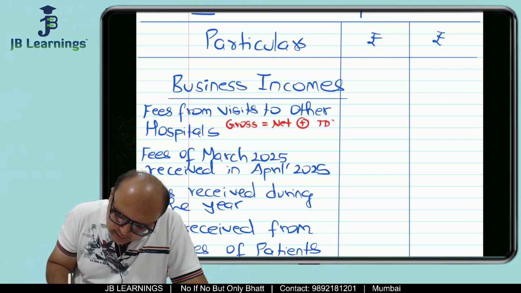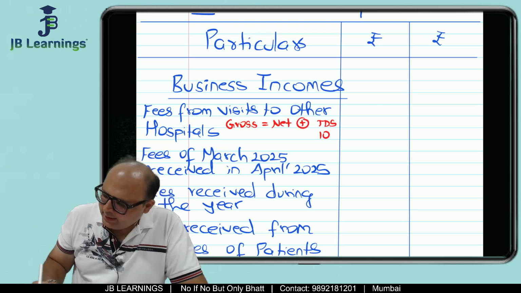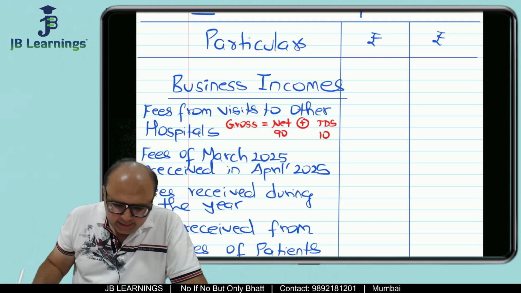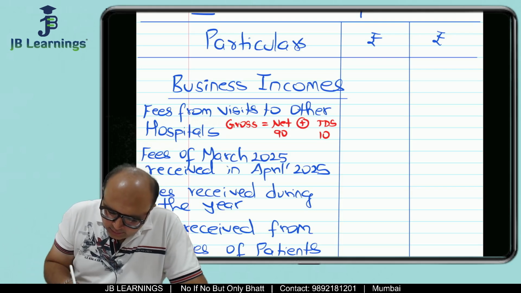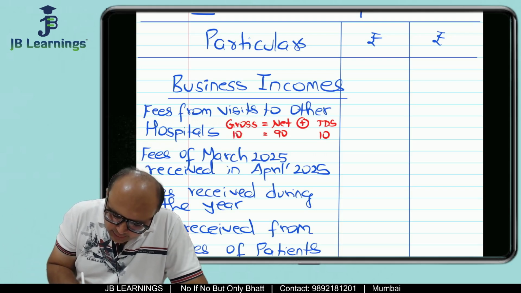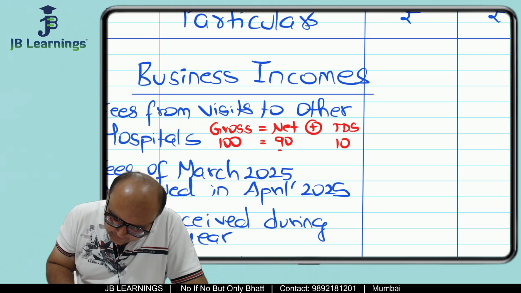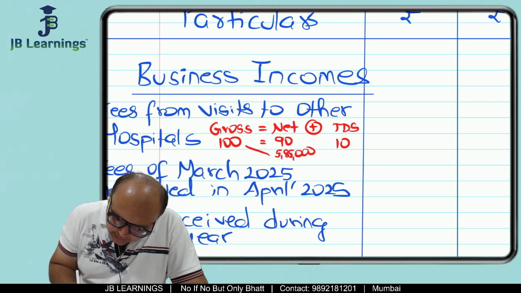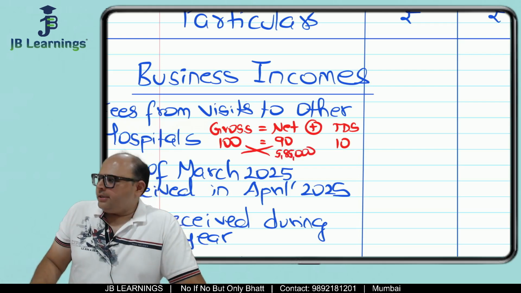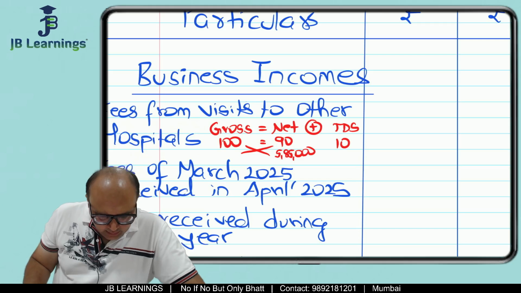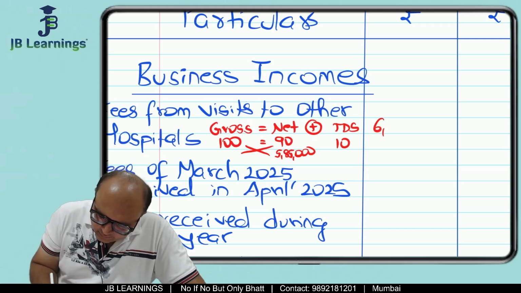For a doctor, TDS must have been deducted at 10%. So in the question, 90 is the net amount given, and 100 is what we are supposed to find. In the question, they have given 585. So we cross multiply: 585 into 100 divided by 90, and then we get 6,50,000.